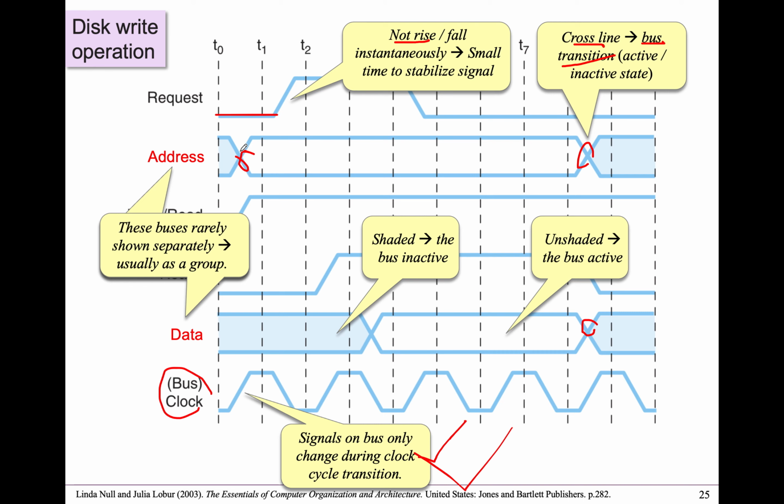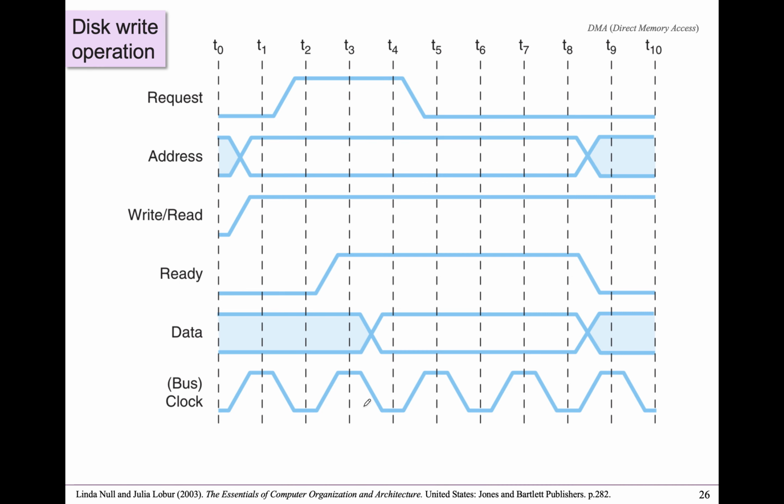So you're going to remember all these things: what this is at the beginning, and what this is, it is similar. Shaded, unshaded, clock, low and rise, and so on.